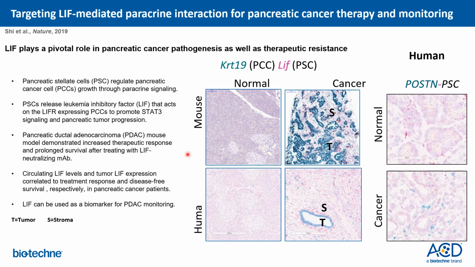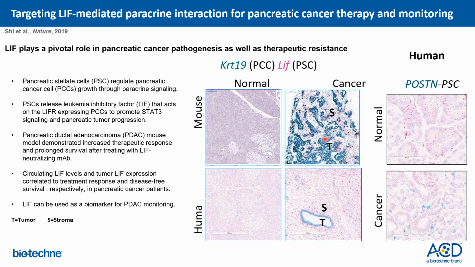So here's an example of how Dr. Shi and his group used the ISH-IF technique to understand the role of LIF in pancreatic cancer progression. This paper, published in Nature, used the duplex RNAscope assay to study the expression of keratin-19 and LIF in these pancreatic cancer samples, both in mouse and human.